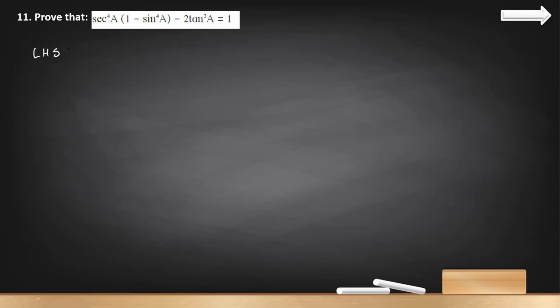So first start with your LHS, sec to the power 4A into 1 minus sine square A minus 2 times tan square A. Right. We'll multiply the brackets over here.